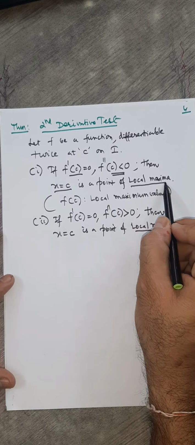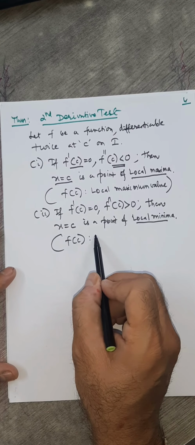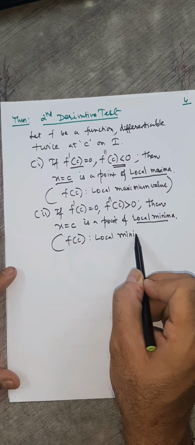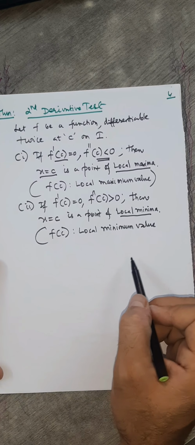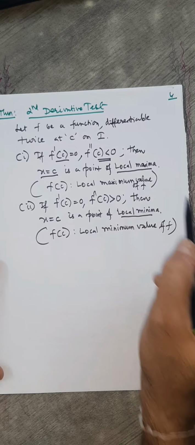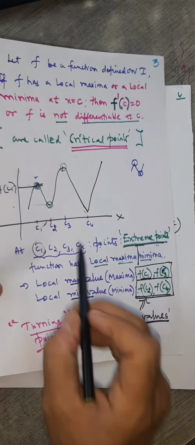There it was local maxima. And therefore what is f of c? f of c is nothing but the local minimum value of the function f. So the second condition talks about this c2.